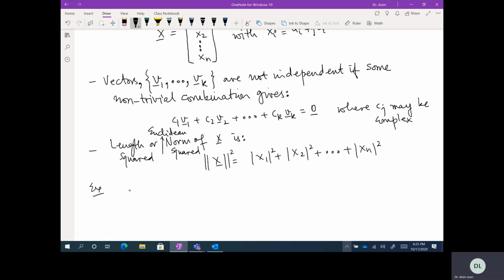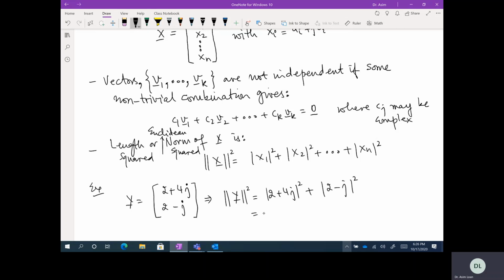As we have seen before, take y equal to the vector 2 plus 4j and 2 minus j. This implies y norm squared is magnitude of 2 plus 4j squared plus magnitude of 2 minus j squared, which is 2 square plus 4 square plus 2 square plus 1 square.